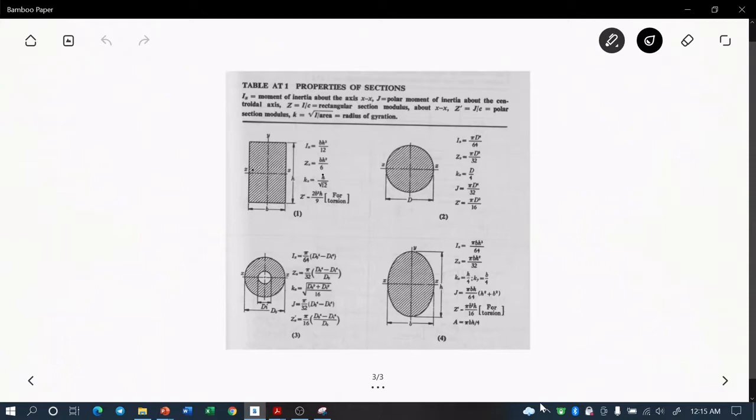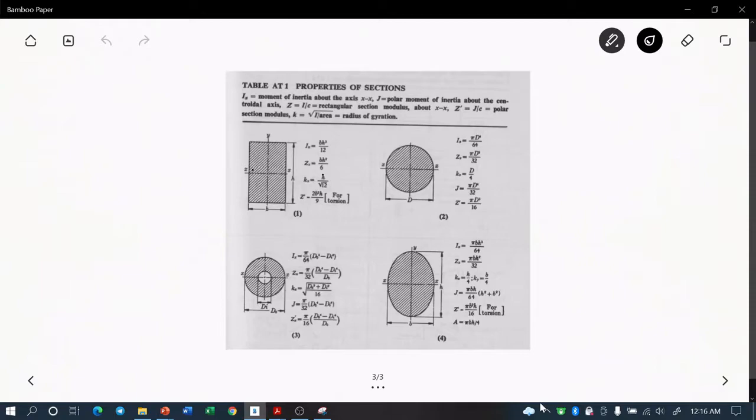There are different equations for moment of inertia, polar moment of inertia, and the section modulus or the polar section modulus that differ on what type or what size the machine element is.